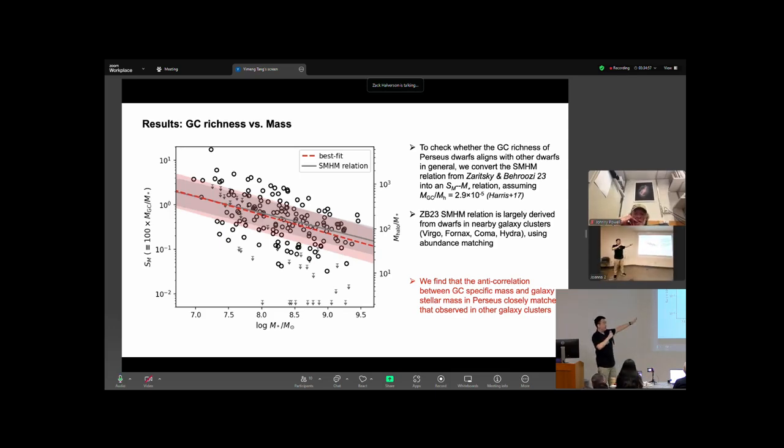If you believe that M_GC over M_halo is a constant for all galaxy clusters, you can see our data perfectly fit the stellar mass-halo mass relation from ZB23. So you can say there's no significant difference between Perseus and other galaxy clusters in GC richness for the dwarf galaxies.